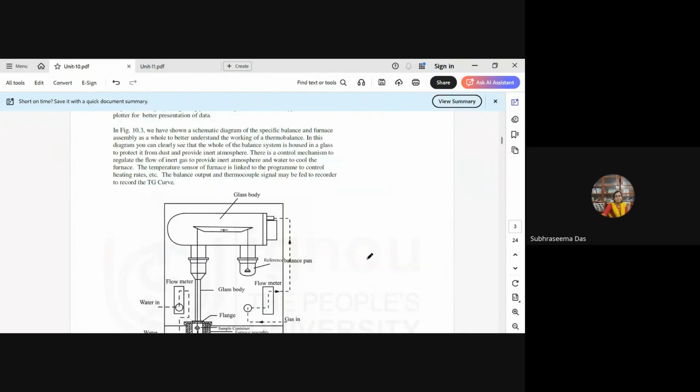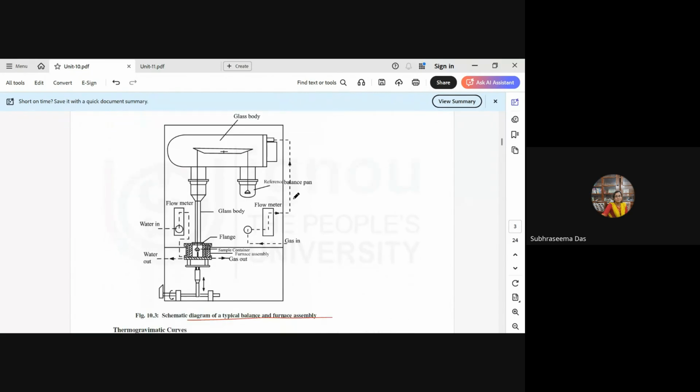When we work with a modern day TG instrument, we directly put our sample with the proper scanning rate, which directly gives us the digitalized data. In today's modern TG instrument, the balance is highly sensitive, the thermocouples control the exact temperature, and we get the data as a digital output.